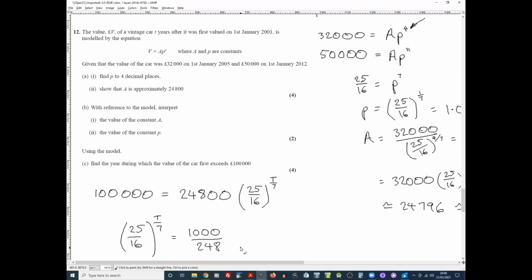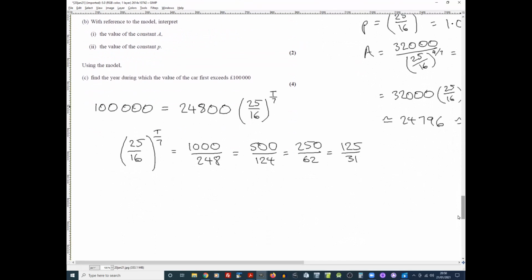A couple of those zeros will cancel. Then even numbers, just follow them down: 250 over 62, 125 over 31. I think that's about as far as it goes.